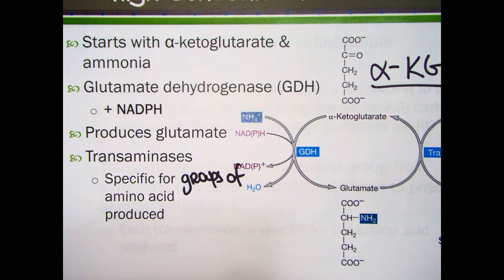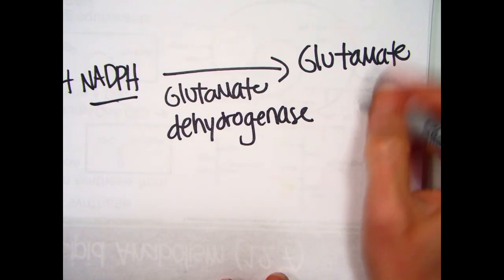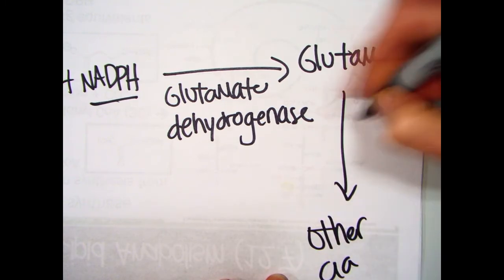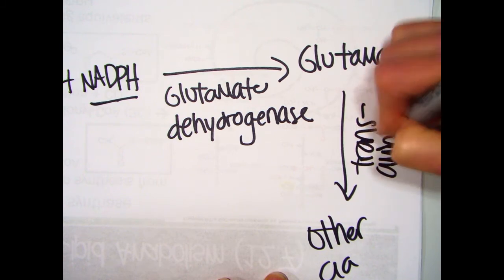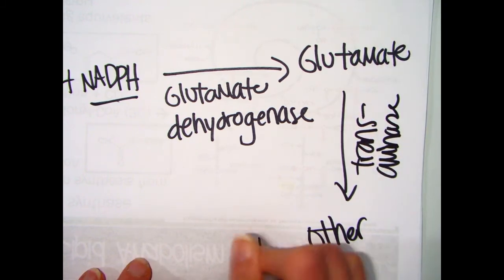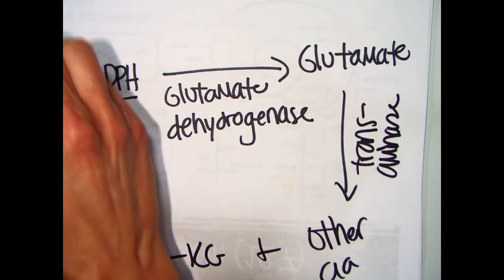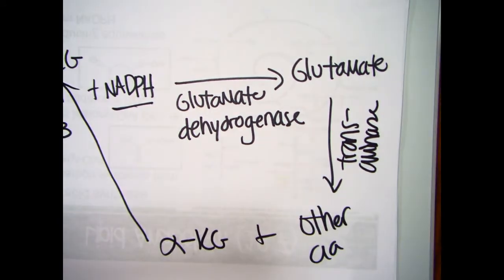The transaminase will be used here to make some other amino acid, and then we'll regenerate the alpha ketoglutarate, which will come back up here. Let me zoom out a little bit so you can see that.